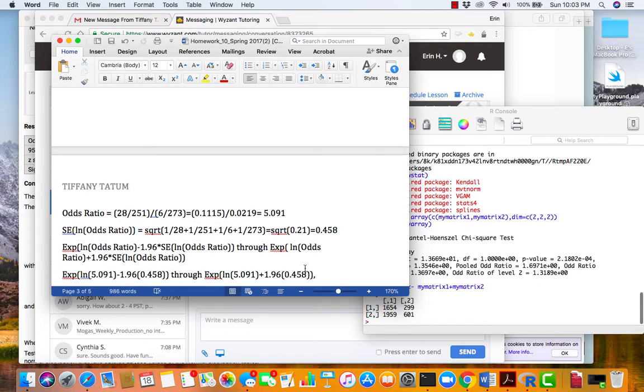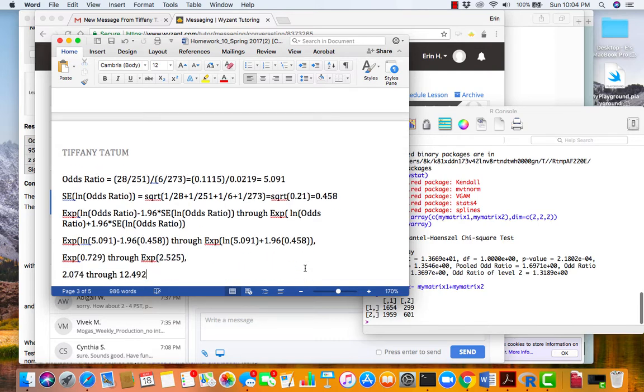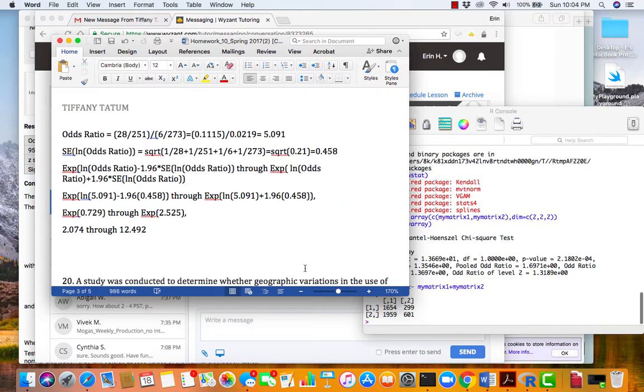So then I plugged in some values so you could see how it is generated. And you end up with a confidence interval that runs from 2.074 through 12.492. Okay, so that was pretty exciting.